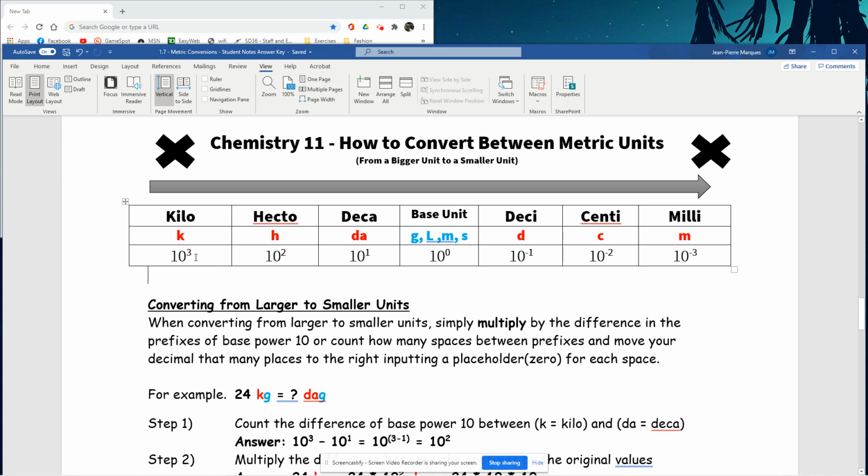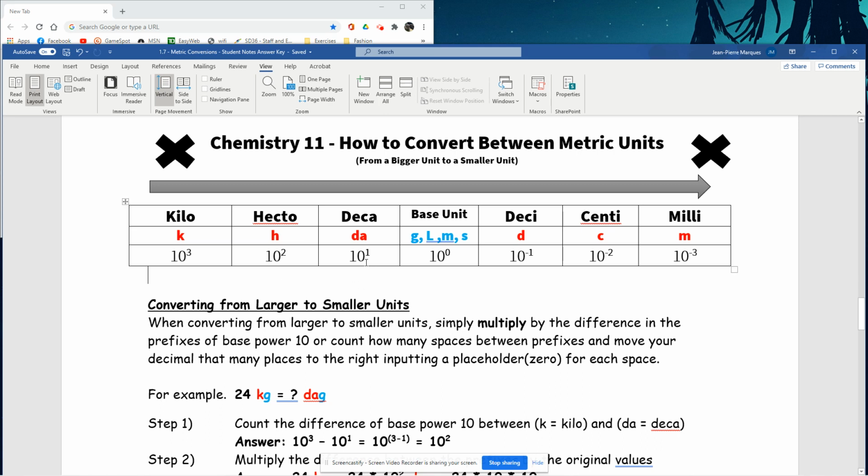Deca is here. Kilo is 10 to the 3. Deca is 10 to the 1. Therefore, I'm going to take 10 to the 3 and subtract 10 to the 1. If you remember your rules with exponents, you simply subtract the exponents. Since they're the same base, you can simply subtract like we normally do in math. What is 3 minus 1? It is positive 2.